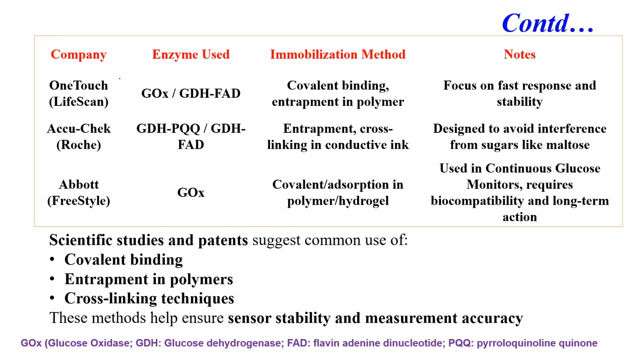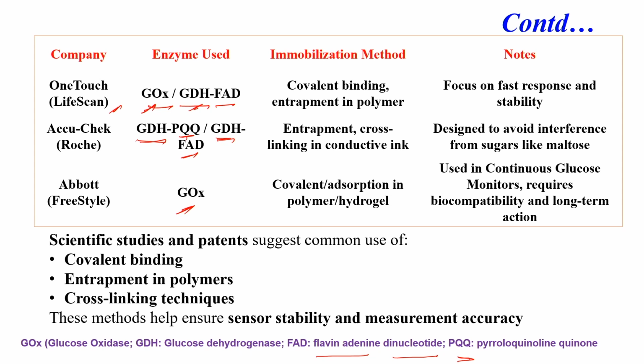So, here I have compared this. In the case of One Touch, it is using glucose oxidase and glucose dehydrogenase. The glucose oxidase will use oxygen and glucose dehydrogenase will use FAD, flavin adenine dinucleotide. AccuCheck is using glucose dehydrogenase and PQQ, pyrroloquinoline quinone, or glucose dehydrogenase FAD, and Abbott Freestyle is using glucose oxidase.